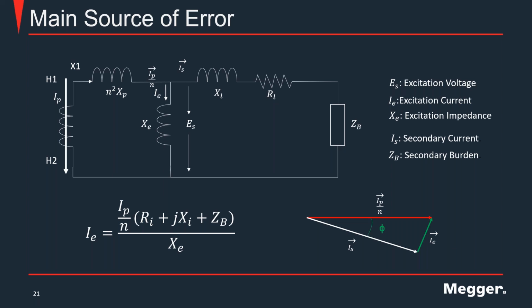And the third one is how much load you are going to connect to that CT. The same CT behaves differently for different loads. If the load is too high, then maybe you have to select a CT with a higher ratio.